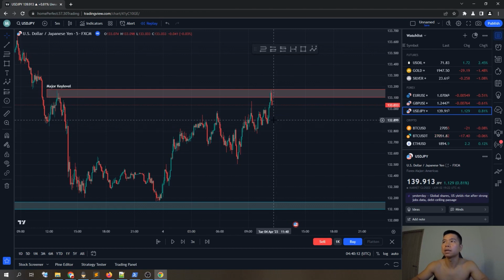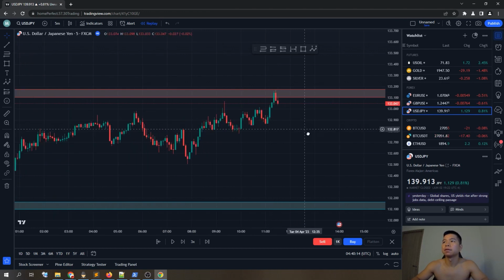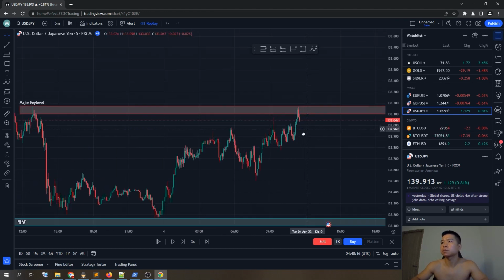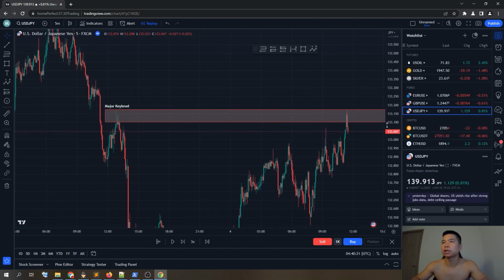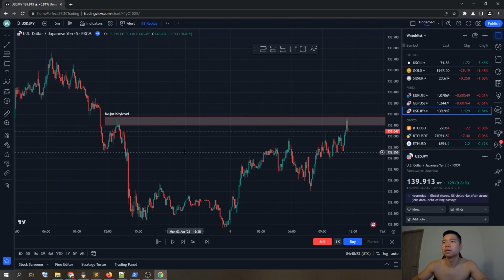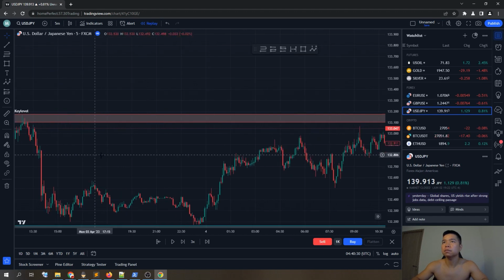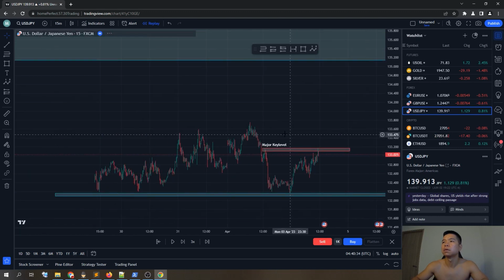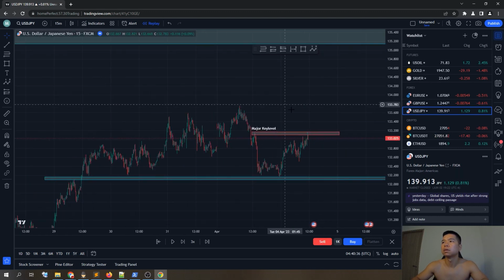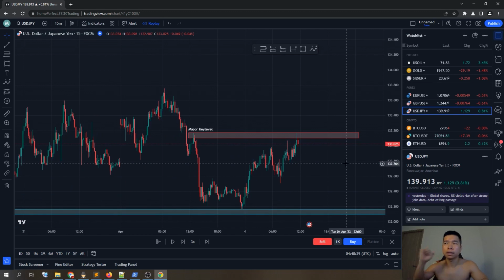Okay, so the price hits the trend with a big rejection bar. This one breakout is on the block here. So I cannot tell, because this time I'm a little bit confused.